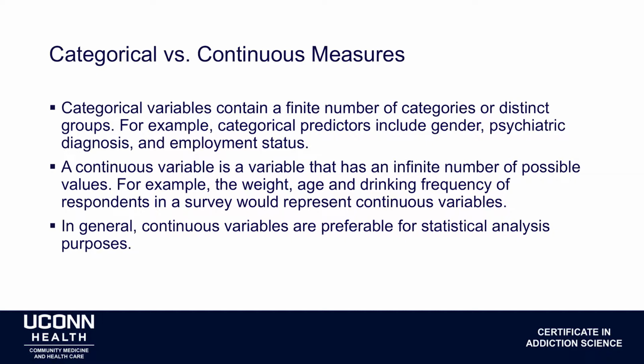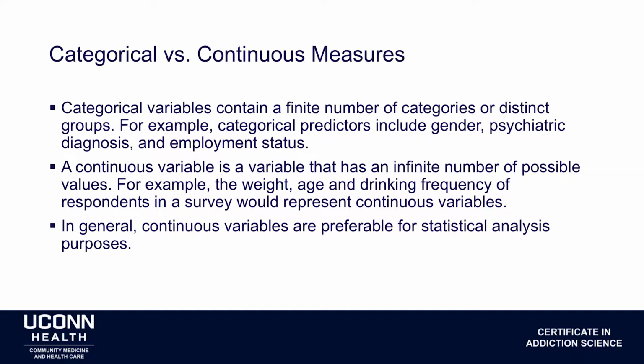Other variables are continuous. For example, weight and age and drinking frequency. These variables are continuously distributed, and for statistical purposes, it's always desirable to have continuously distributed variables. But many variables just boil down to being binary characteristics.